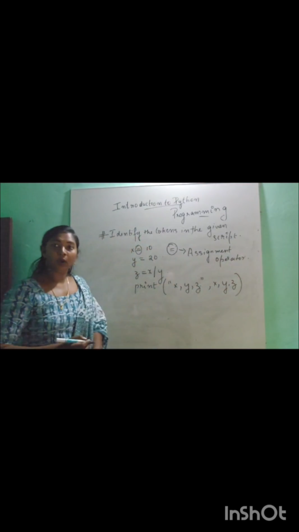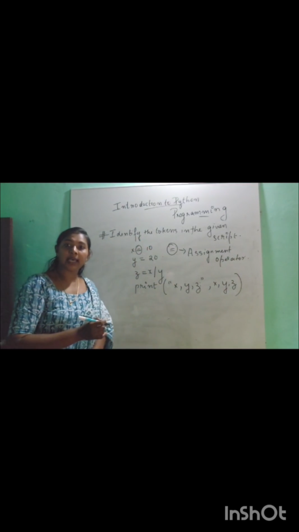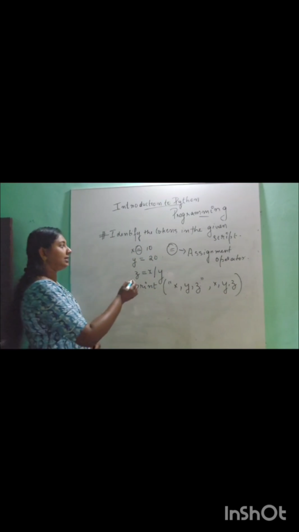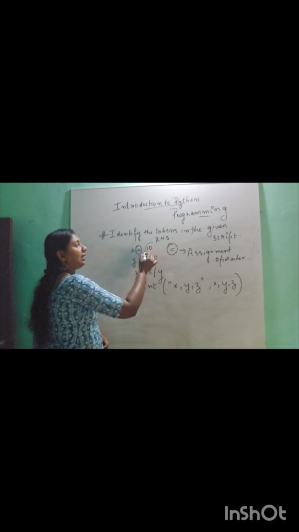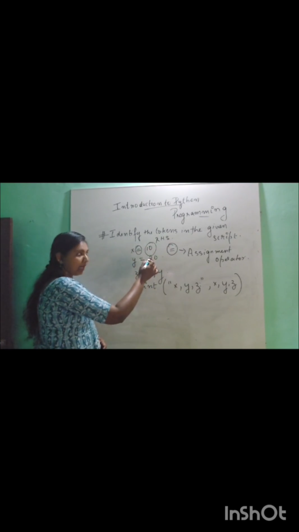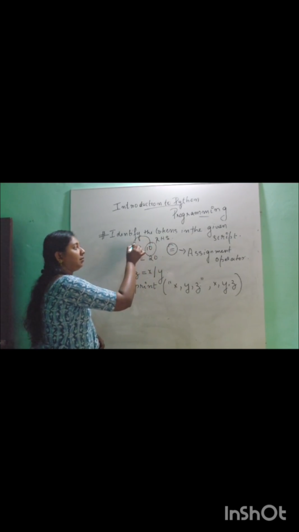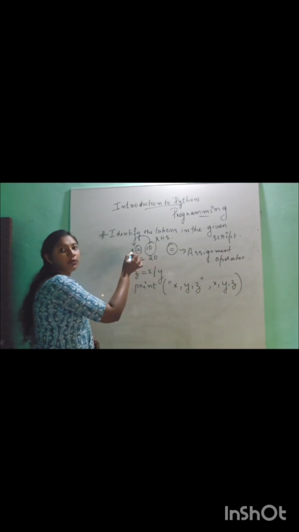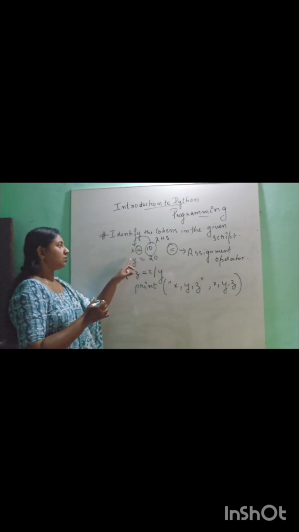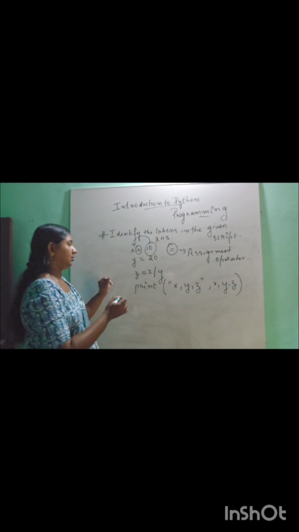The assignment operator is used to assign a value to a variable. That is, this is the RHS, so the value on the right hand side is assigned to the variable on the LHS. For that, we use the assignment operator.